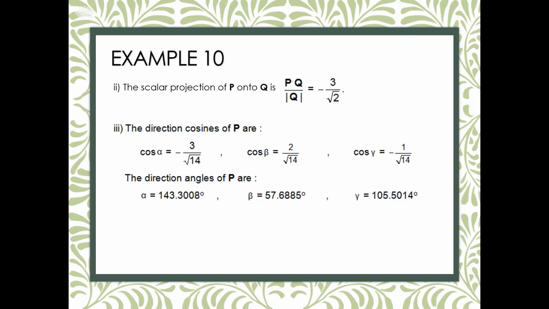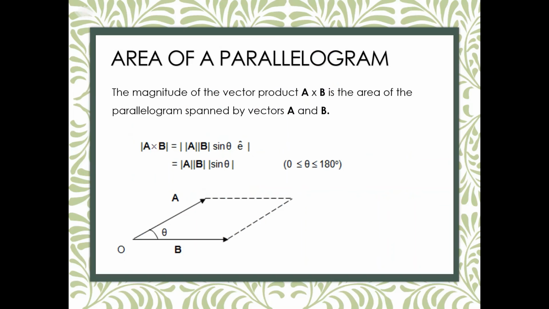Solving alpha, beta, and gamma, you should get alpha equal to 143.3008 degree, beta equal to 57.6885 degree, and gamma equal to 105.5014 degree.